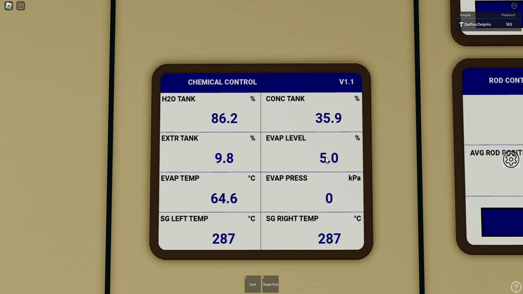So you see the evaporator level is rising, this is dropping. And once the temperature reaches 100 degrees, the water will start boiling here and pressure will rise. And once all the water boils out, we will have the boric acid at the bottom. And we can then move these two things back to the tanks. So this process needs just a moment.